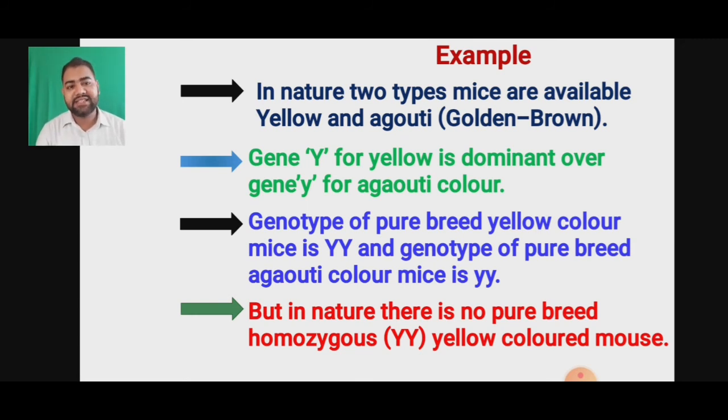I repeat this: there is no pure breed homozygous yellow colored mouse, that means capital Y capital Y does not exist in the world, as it dies in the condition of lethal gene during embryogenesis.